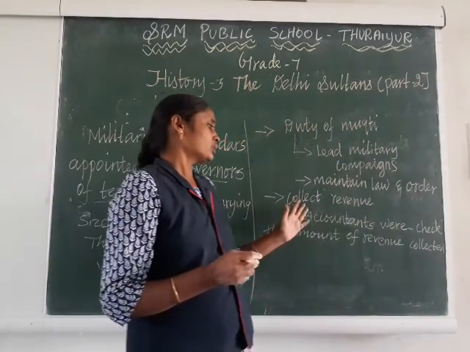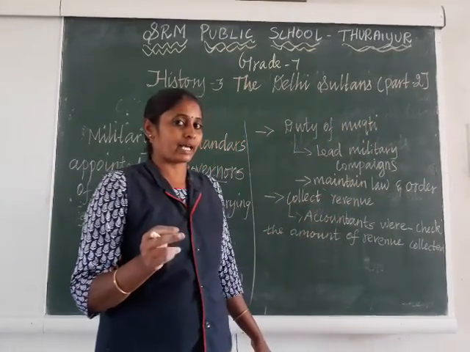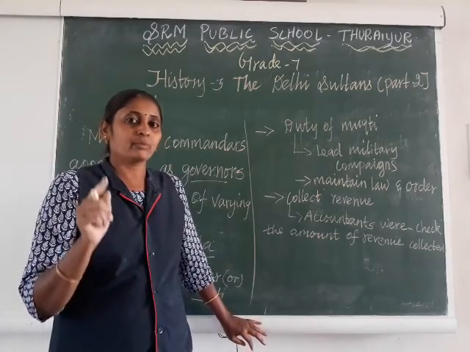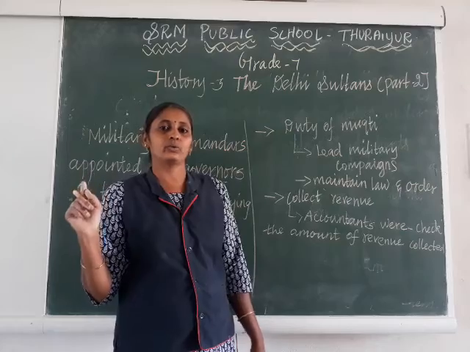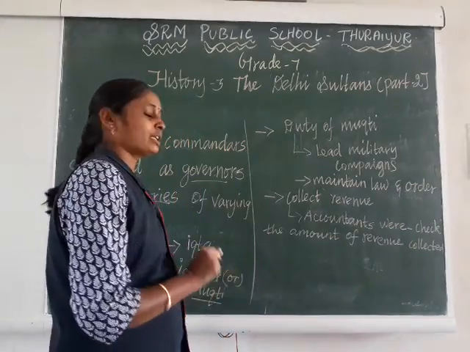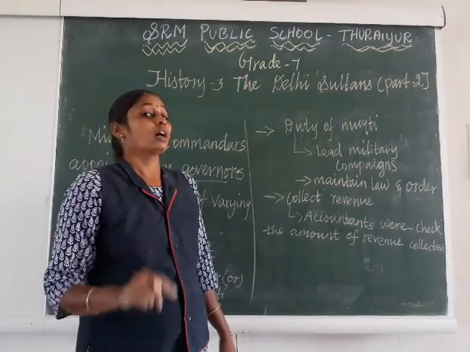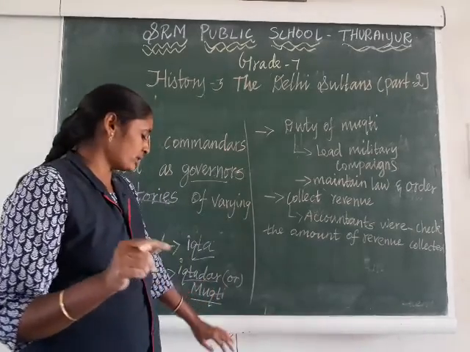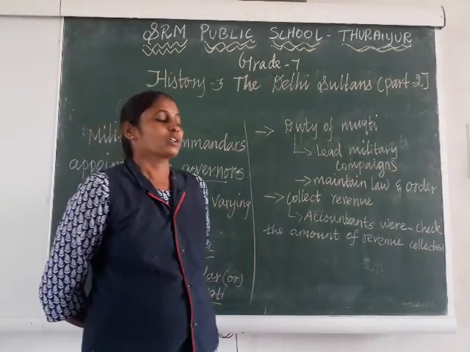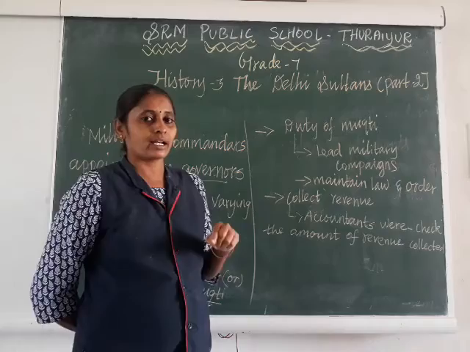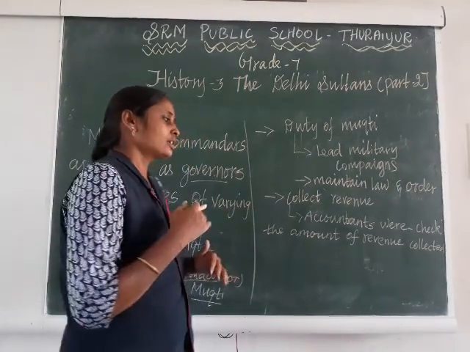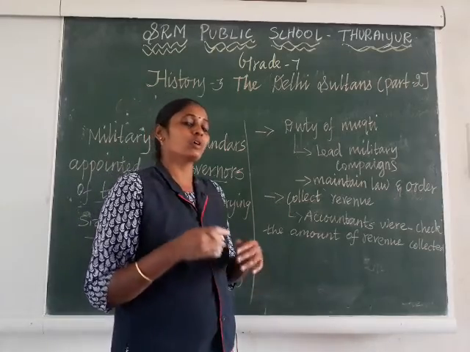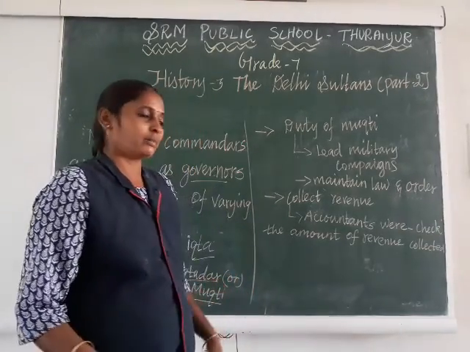He has the right to collect tax, but what amount he can collect is decided by the king alone. That governor will not have the right to fix the amount of tax. The tax collecting amount is also cross-checked by an accountant. The accountants were appointed by the king.